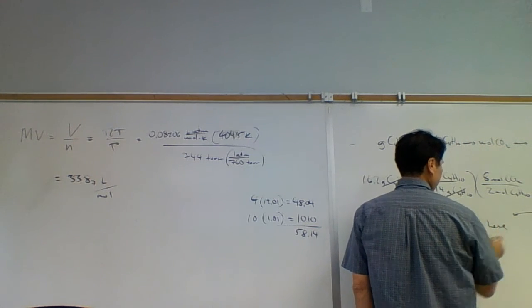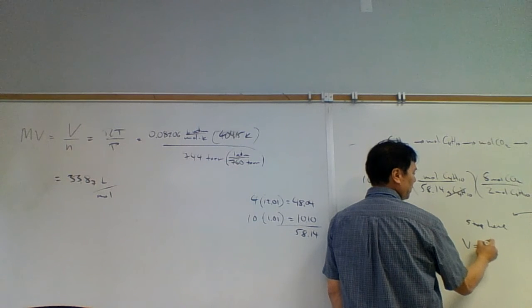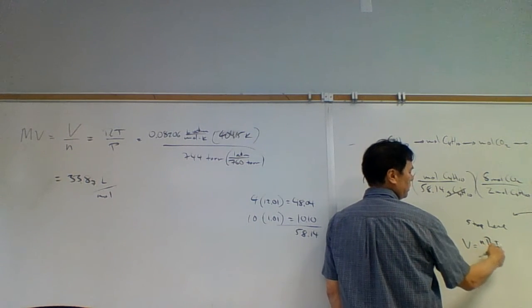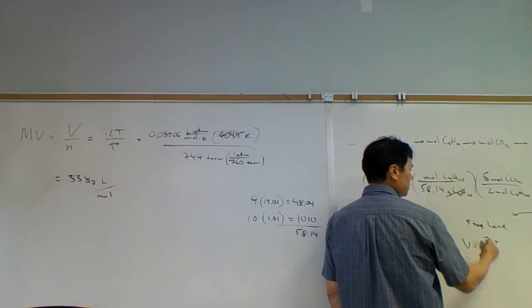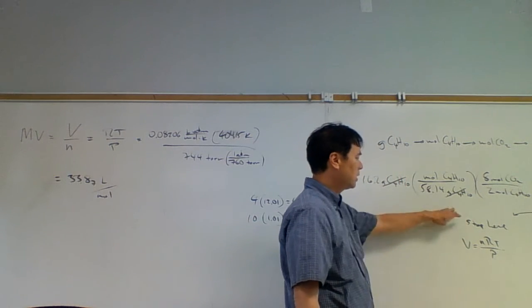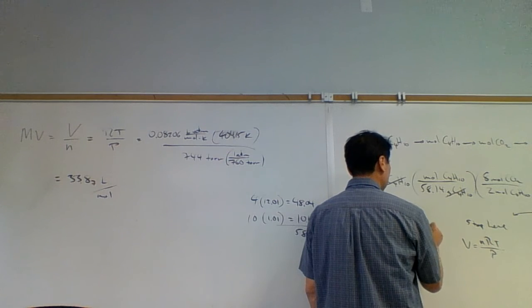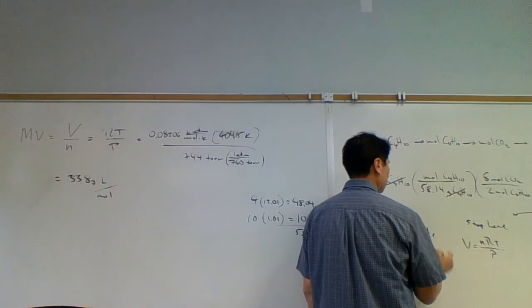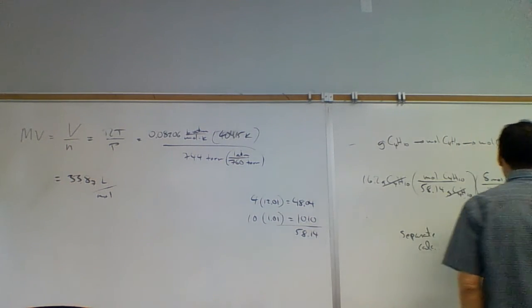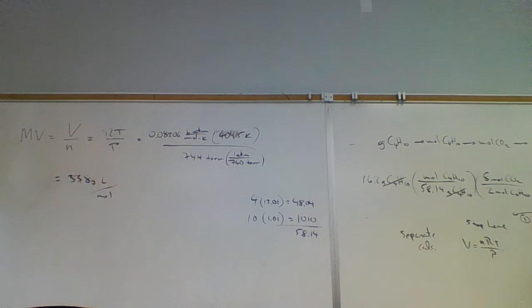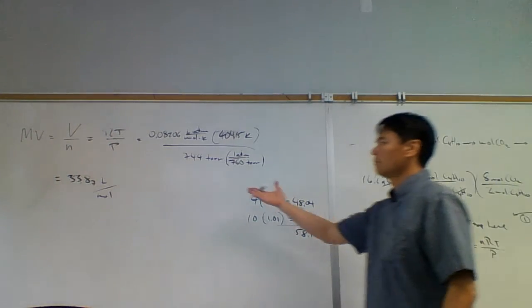If I stop here, then I can calculate the volume by plugging in the moles. I could do a separate calculation for volume. That's one. Or two, we just continue on. Two, I have to do a separate calculation for molar volume.